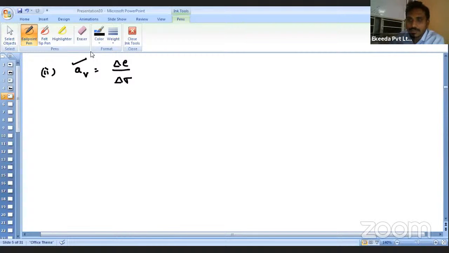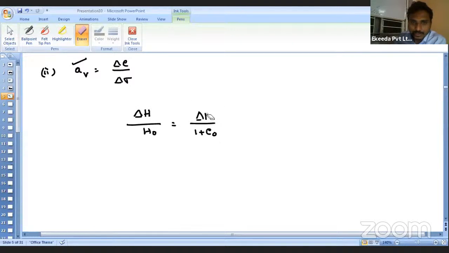So let us recall the previous equation. That is nothing but ΔH divided by H naught, which is equal to Δe divided by 1 plus e naught. In addition to the coefficient, here we also know the increase in the effective stress.